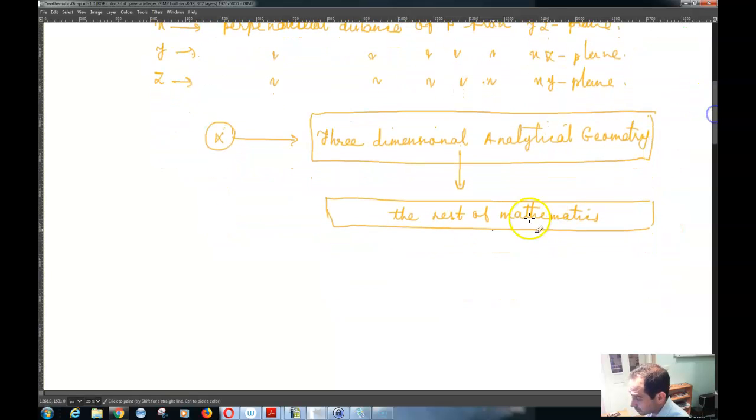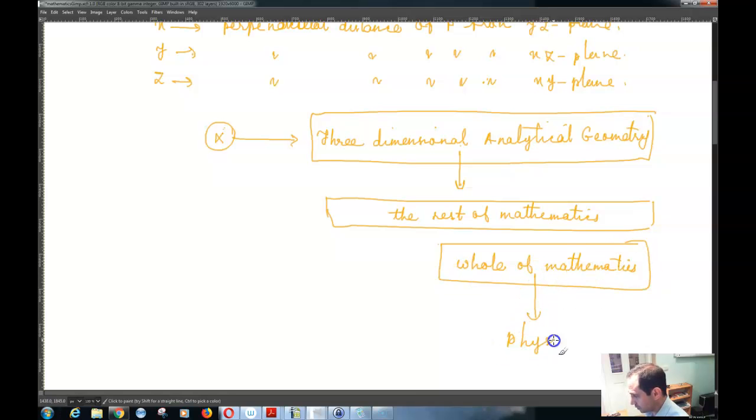And then, assuming that you have understood the whole of mathematics, then you're going to need the whole of mathematics in order to understand physics, or understand, for example, I don't know, chemistry, or any other branch of science for that matter, really.